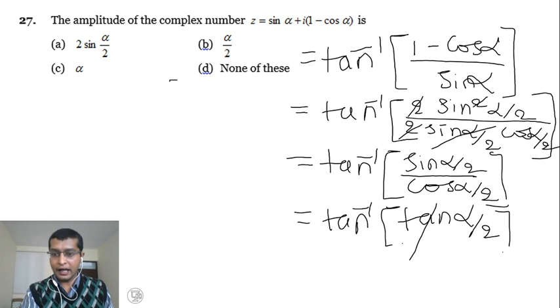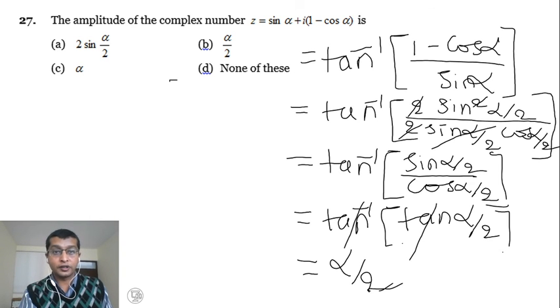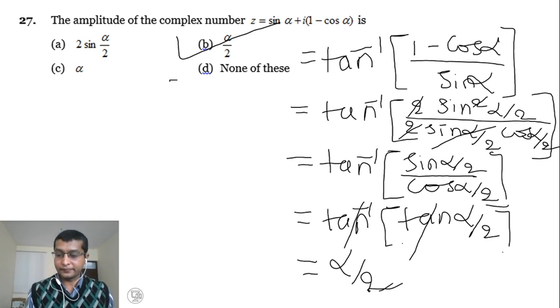Next, tan inverse and tan cancel. So we get the answer as alpha divided by 2 here. Therefore the correct option B is the right answer.